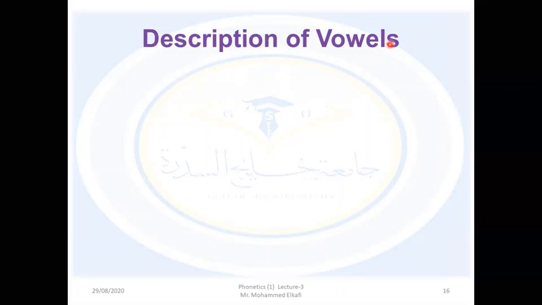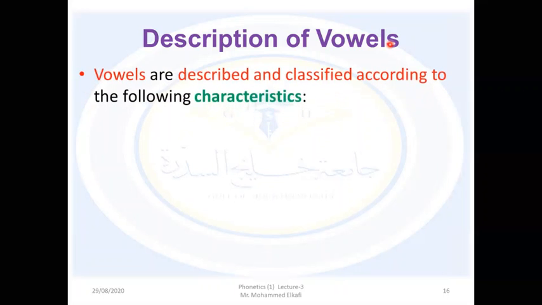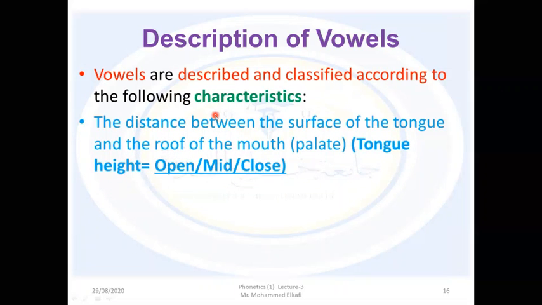Now let's move to the description of vowels. Vowels are described and classified according to the following characteristics. The first one is the distance between the surface of the tongue and the roof of the mouth, which is known as the palate.